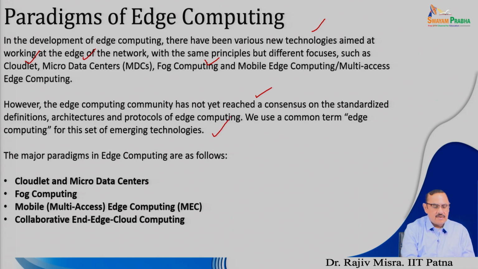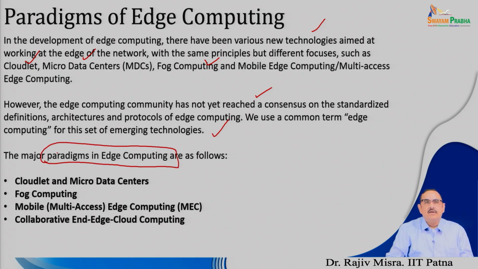So, let us see the major paradigms in edge computing which are often used. The first paradigm of edge computing is called cloudlet and micro data centers. The second paradigm of edge computing is fog computing. The third paradigm for edge computing is called multi-access edge computing.